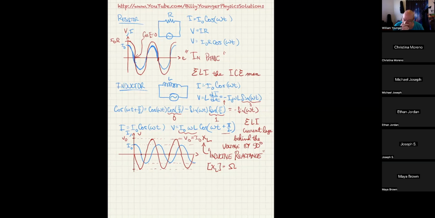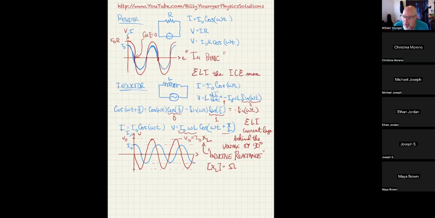Not only that, because of the similarity between V equals IR, which is Ohm's law, we can refer to I0 times omega L as being just like Ohm's law, only in place of I0R, we make I0 times XL, and XL will be omega times L. So as omega, the angular frequency, is actually 2 pi times the number of hertz, that number is directly proportional to omega.